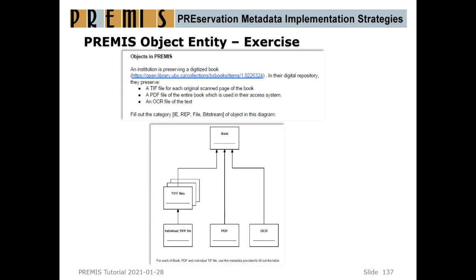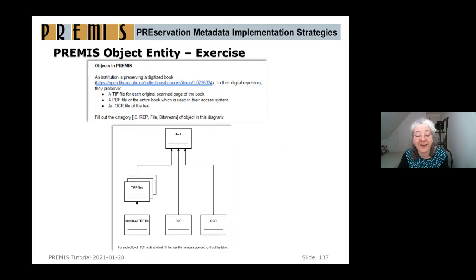Well, there's something missing here because it's easy to identify the files. That's the individual TIFF file, PDF, and OCR, I would say. Then there's the TIFF files. I expect that is representations because the individual TIFF files are down here.